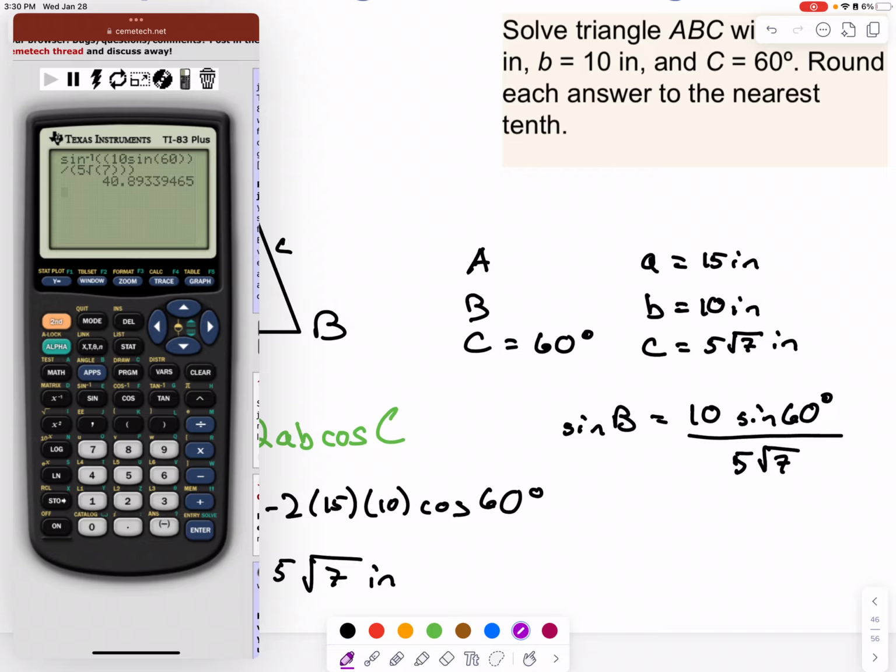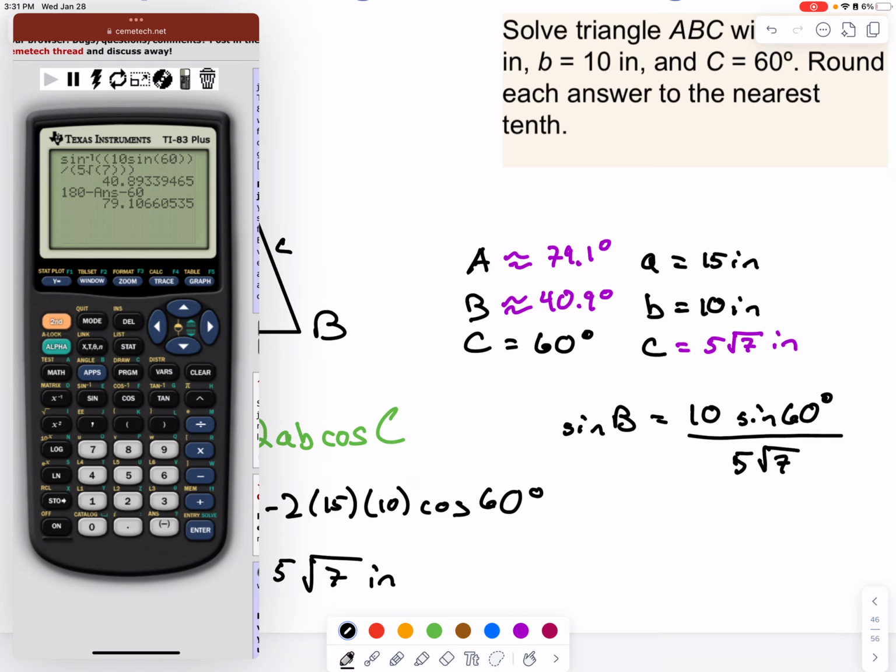So for angle B, we got a result of 40.9 degrees. And then for angle A, I'm just going to say 180 minus the other two. So minus that answer, minus 60, 79.1 degrees.